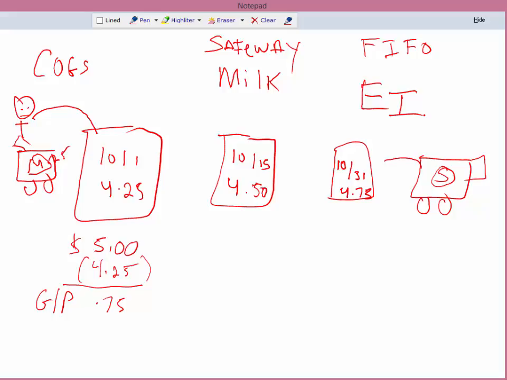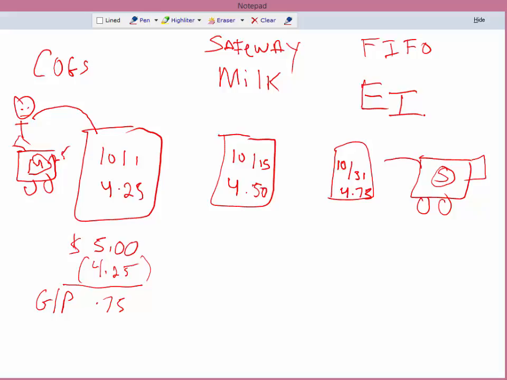Now, sometimes students will say, well, John, when I go to Safeway, I don't grab the 10-1 ones. I grab all the way to the back, right? And so what happens? This is a cost flow assumption. I don't care if you go back there and beat up the truck driver, make him take you back and get the milk straight from the cow.